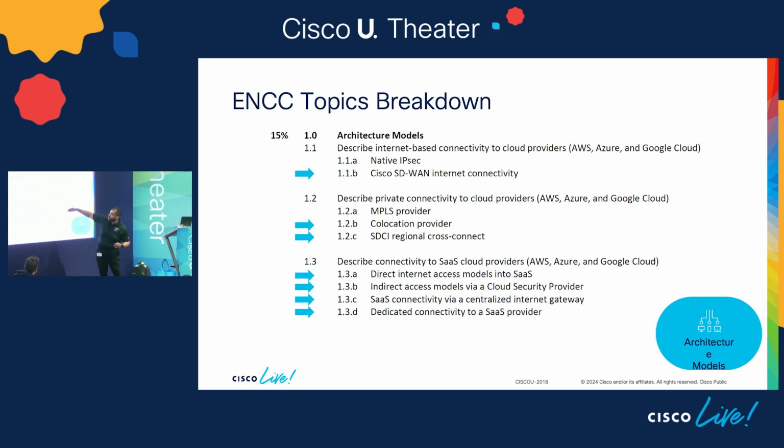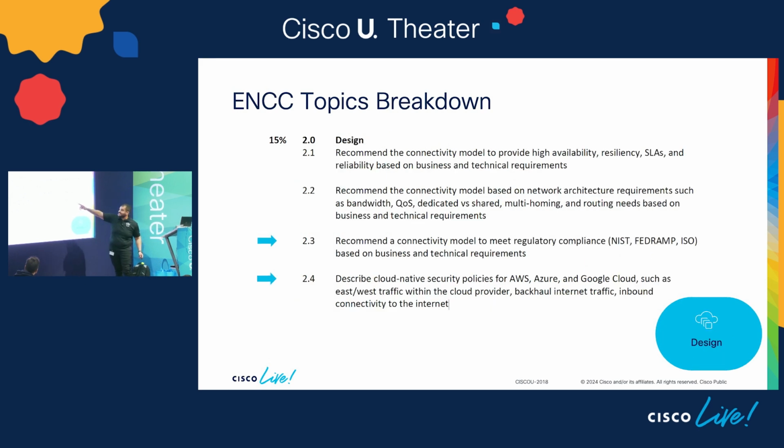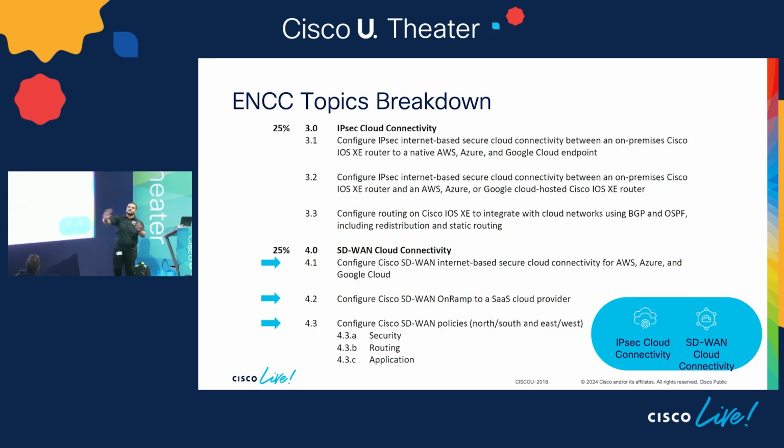Look at this. For example, 15% is architecture model. However, if we look here, all those blue lines or blue arrows are SD-WAN. And then next, if we talk about design, well, half of the design portion is how to design the cloud connectivity using SD-WAN. And IPsec connectivity, of course, that's IPsec, that's not SD-WAN whatsoever.